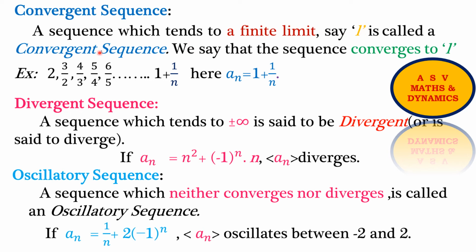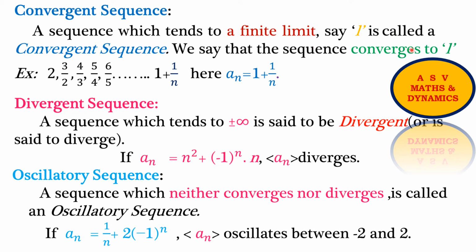So when the sequence approaches the finite limit, it is a convergent sequence. Here a sequence approaches a finite limit, so we can call it a convergent sequence.